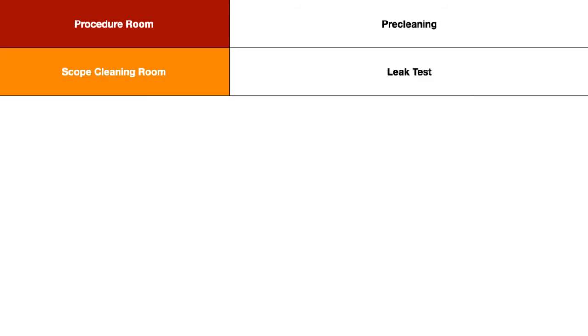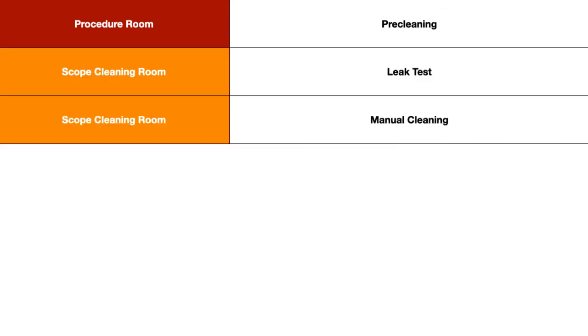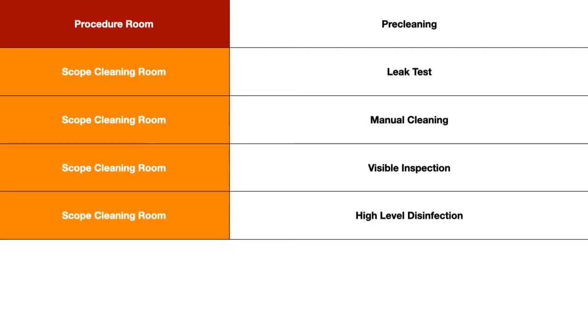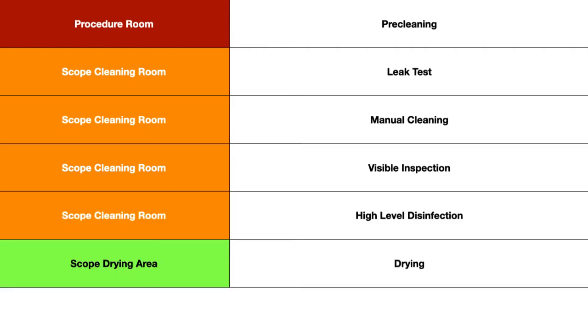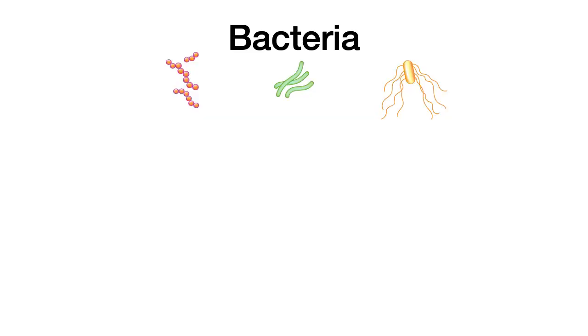How do we prevent this infection? It boils down to doing every step of the pre-cleaning and manual cleaning, high-level disinfection, drying, and proper storage. Every step is important, and doing it properly avoids this type of infection.